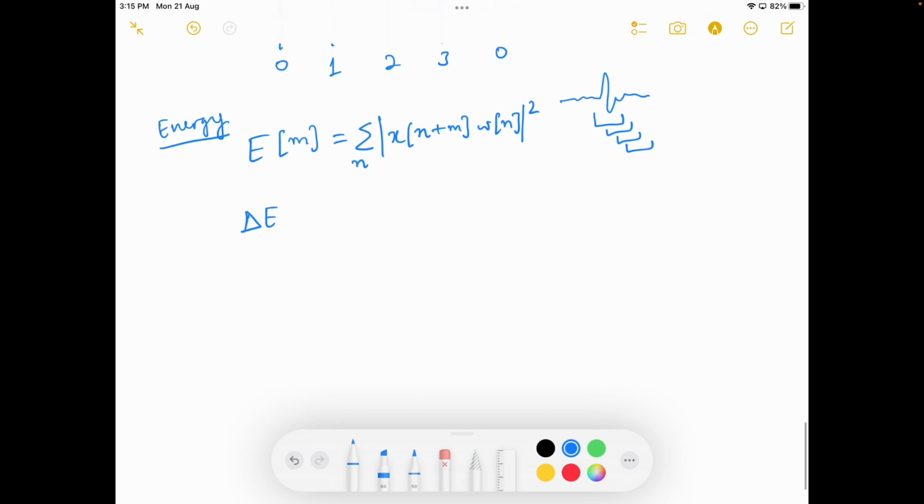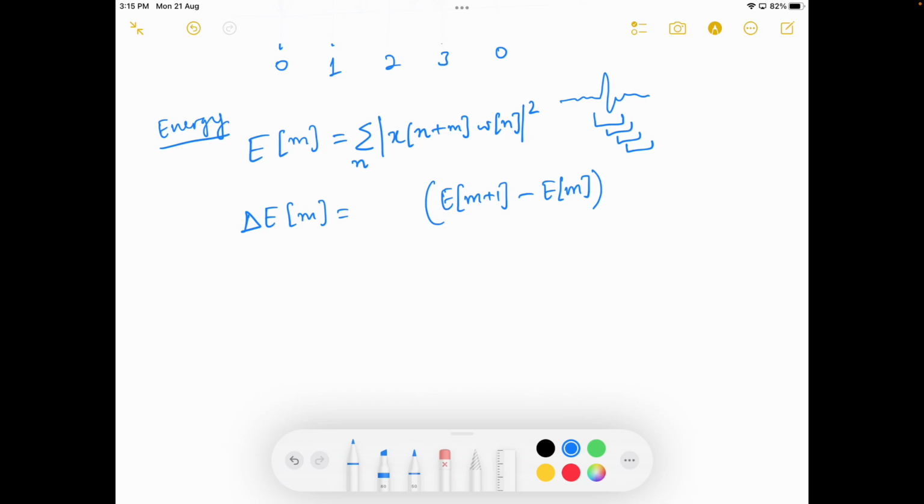Therefore we use delta E. Delta E of m is equal to E of m plus 1 minus E of m. But generally, we are only interested in onsets, which means energy suddenly increases. I'm not interested in the decay, because I am interested to detect my onsets, not the decay part.